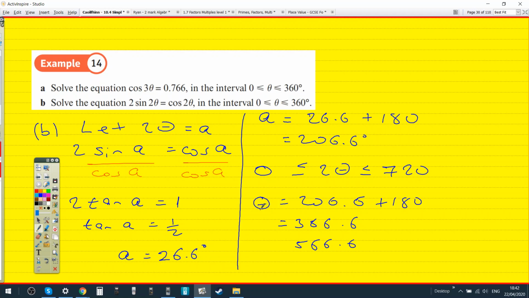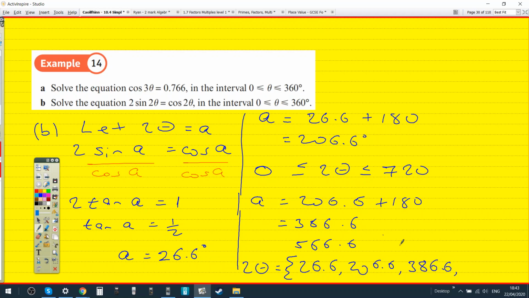So 2 theta equals 26.6, 206.6, 386.6 you said before, yeah, and then 566.6 I believe. I think my writing is bad.